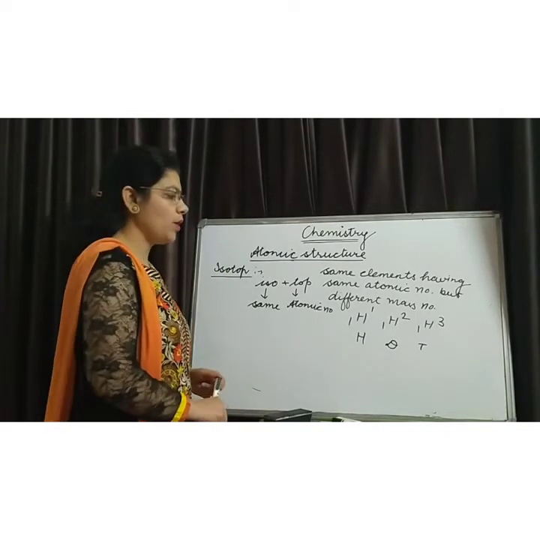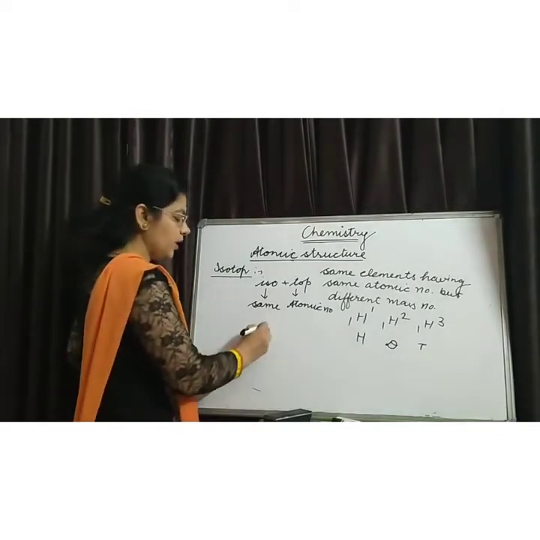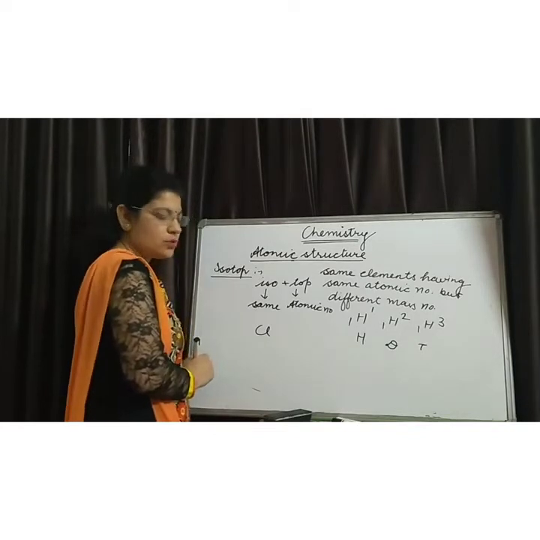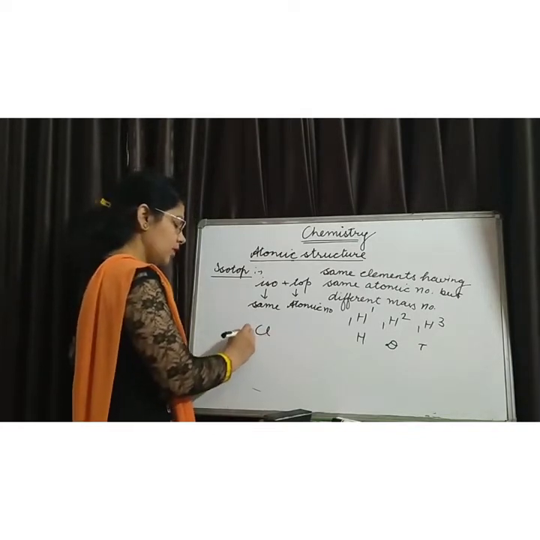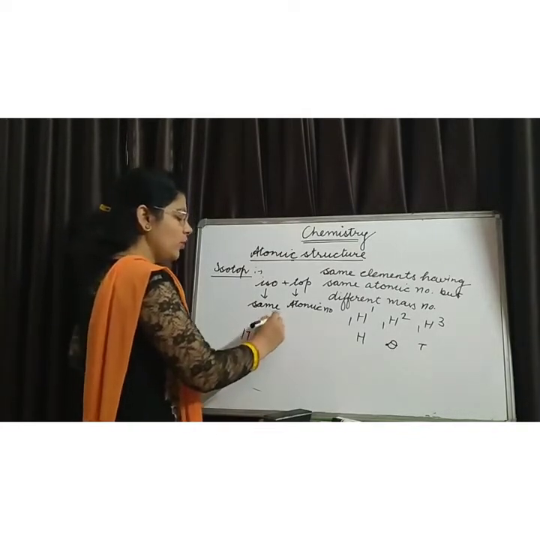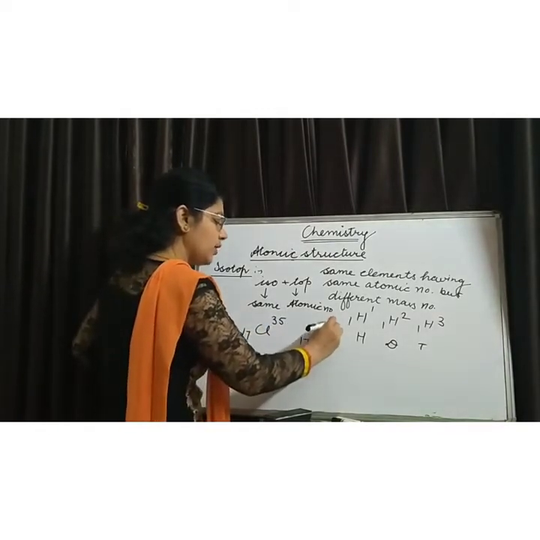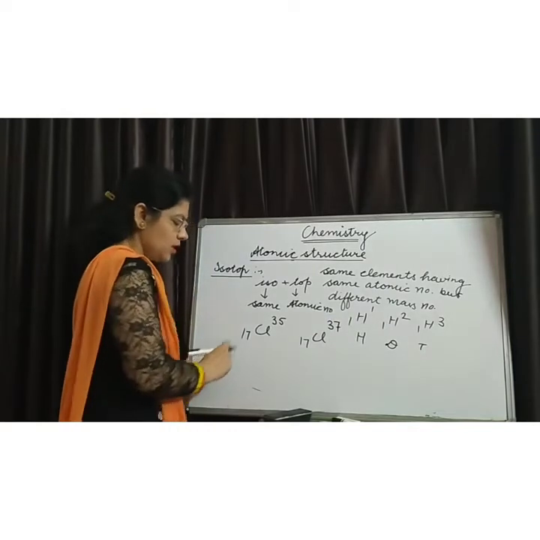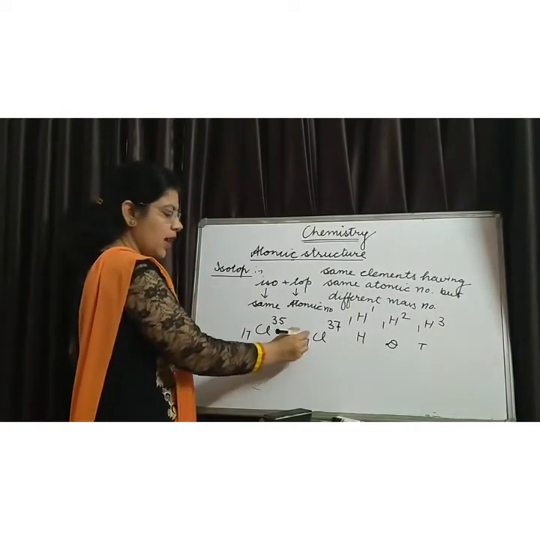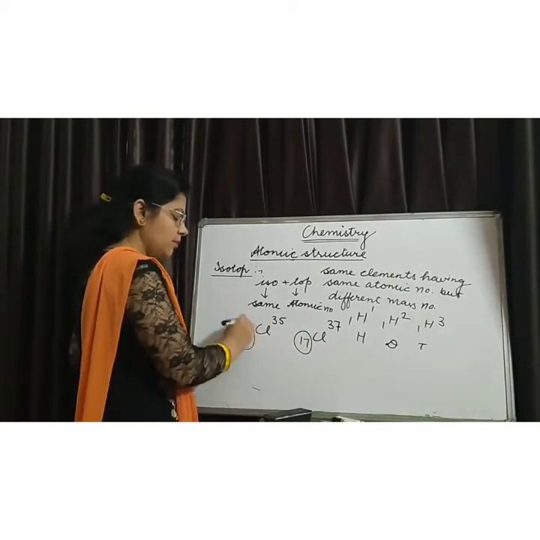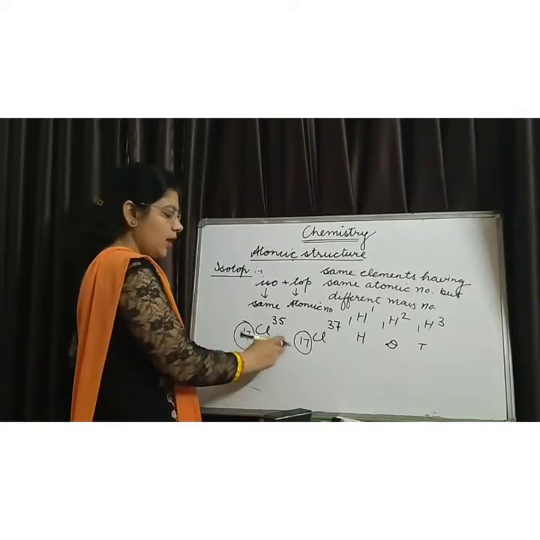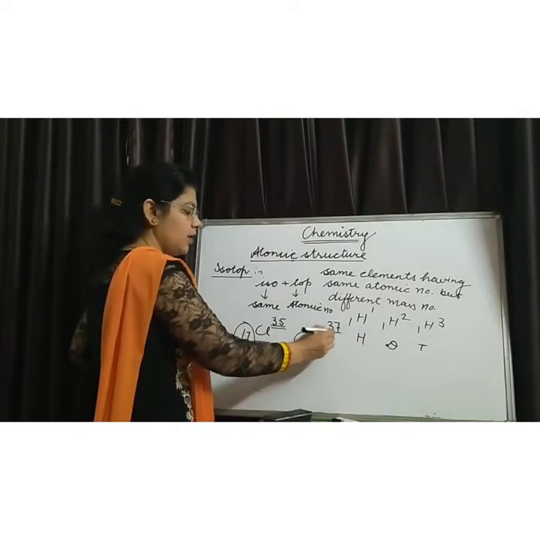Similarly, we can take one more example of the chlorine atom. There are 2 isotopes of chlorine, 17Cl35 and chlorine 37. In both, the atomic number is the same, that is 17, and the mass number is different.